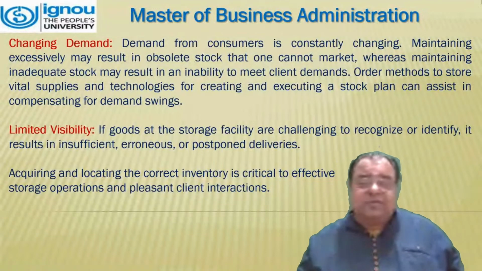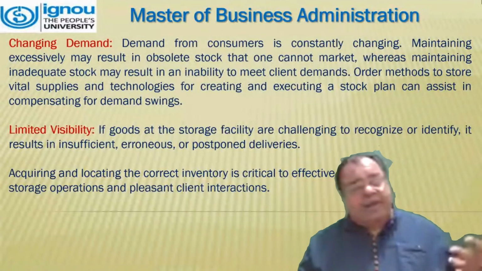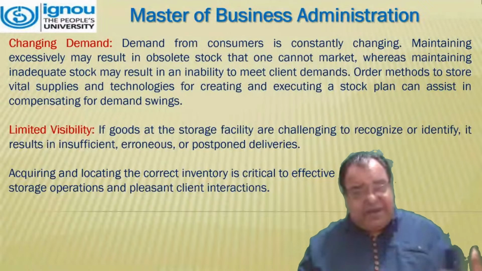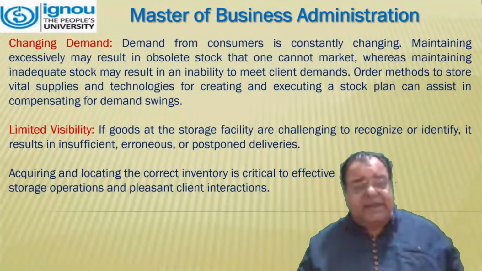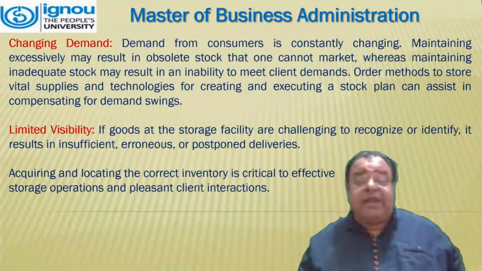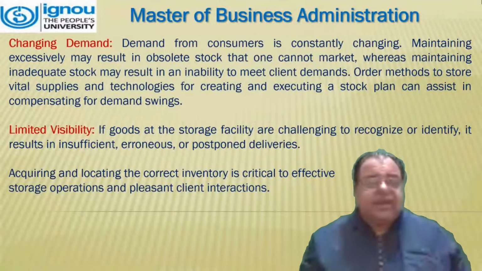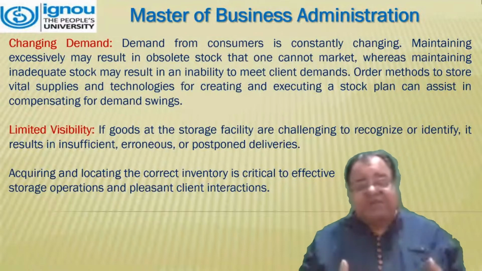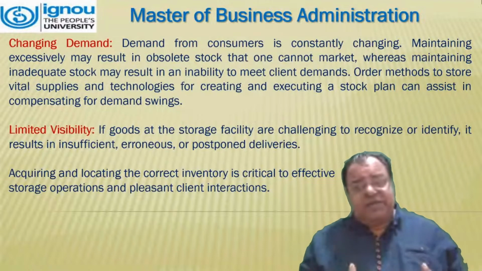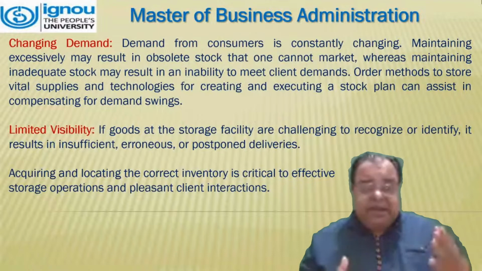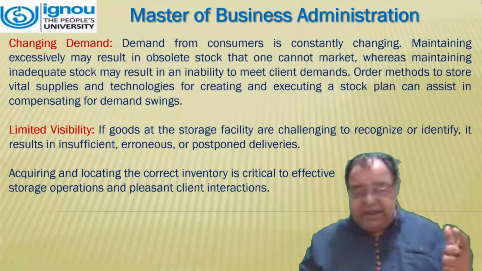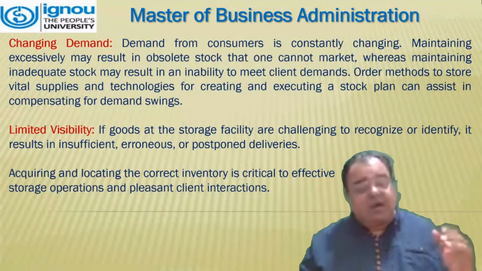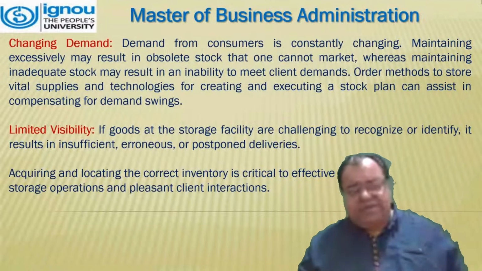Order methods to store vital supplies and technologies for creating and executing a stock plan can assist in compensating for demand swings. Limited visibility. If goods at the storage facility are challenging to recognize or identify, it results in insufficient, erroneous, or postponed deliveries.